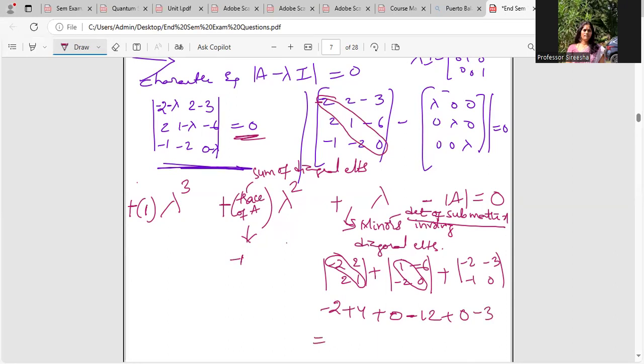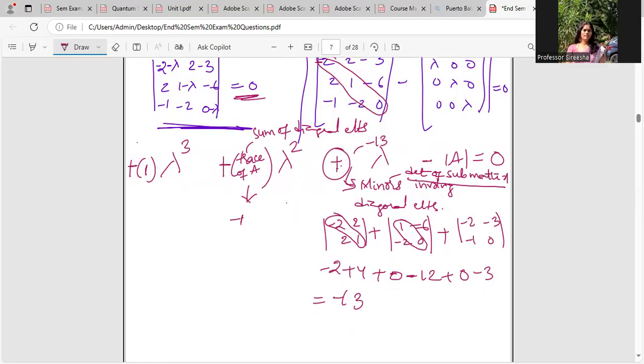So add all the elements: minus 2 plus 4 is 2, 2 minus 12 is minus 10, minus 10 minus 3 is minus 13. Now, this has a plus sign here and I've got a minus 13 here, so accordingly I will insert. Let me finish off the procedure, then show you what the equation turns out to be.